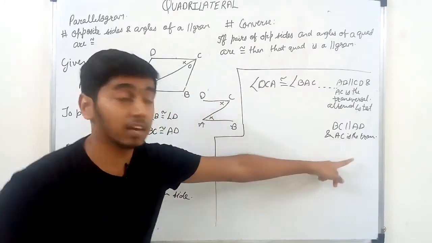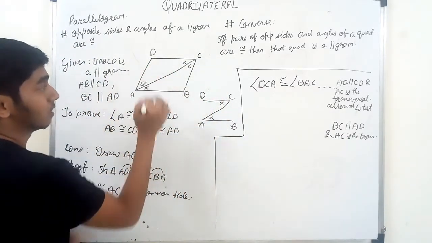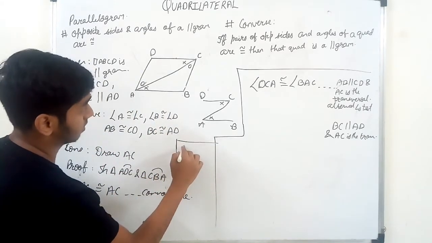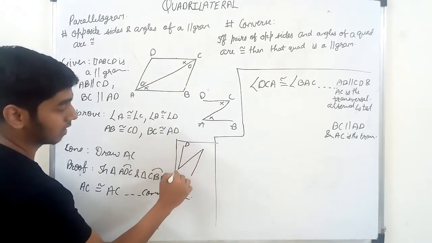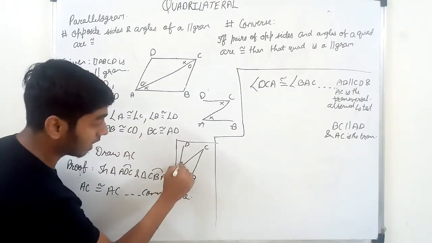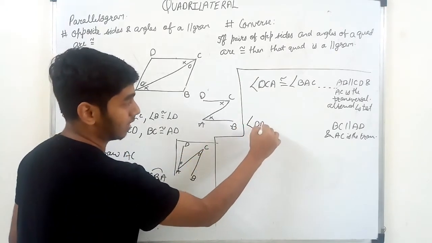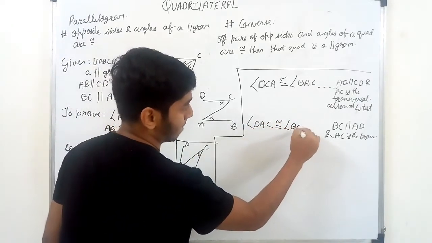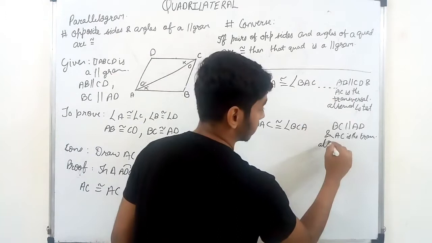So this angle and this angle will be congruent. Same way, we'll write that here: DAC and BCA. These two angles will also be congruent by the alternate angles test.